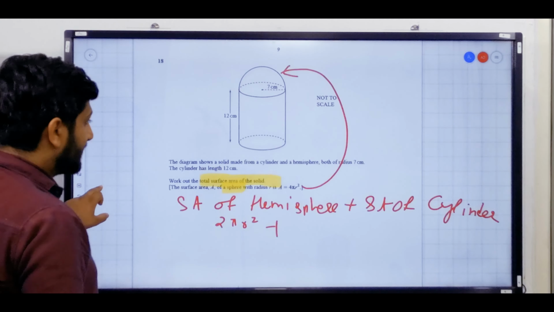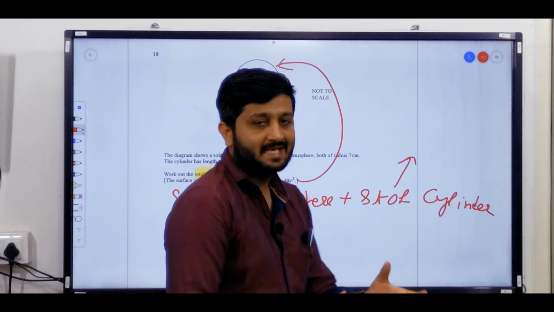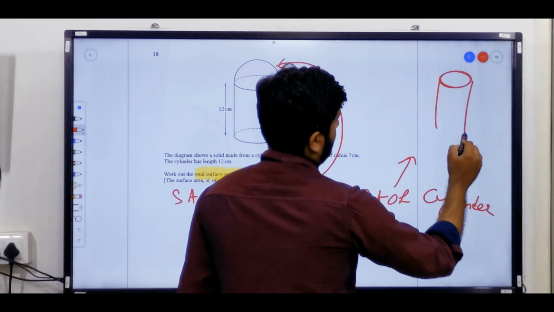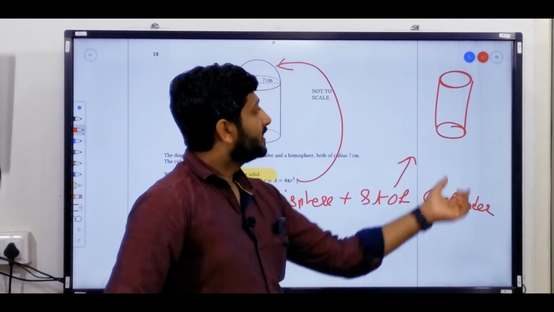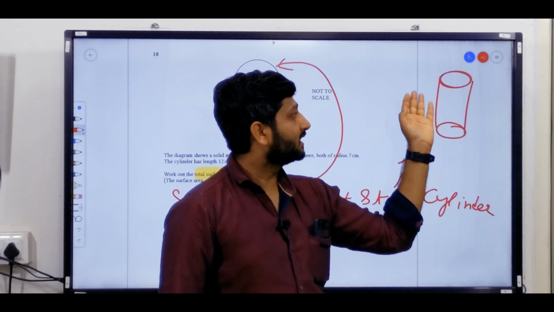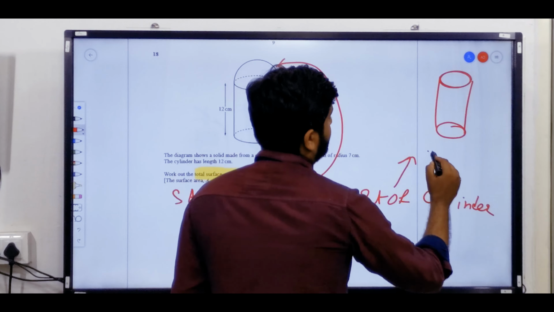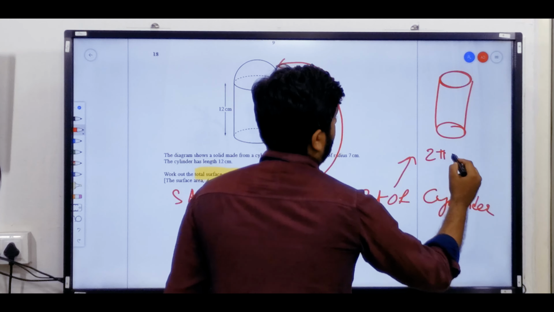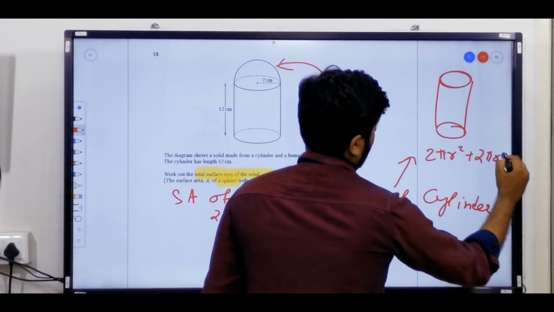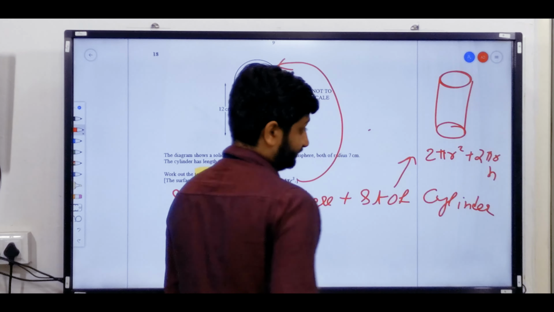Generally, a cylinder has 3 surfaces. Let me draw and show this to you. This is my first circle, another circle, and the third is my curved surface area. So the total surface area of a cylinder is 2 pi r square plus 2 pi r h.